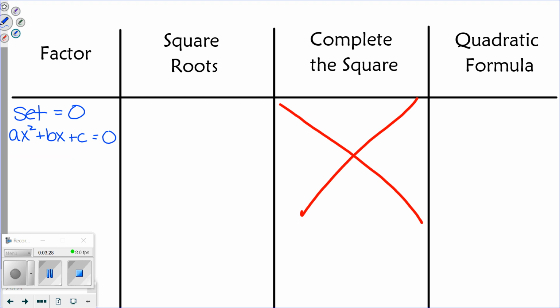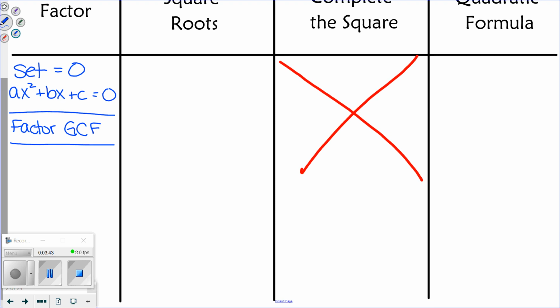So a lot of times you had to move things, right? What did you do after you set it equal to 0? Look for your GCF. So you factor the GCF. Then what? What did you do after you took the GCF out? Okay. Right, I took it out.